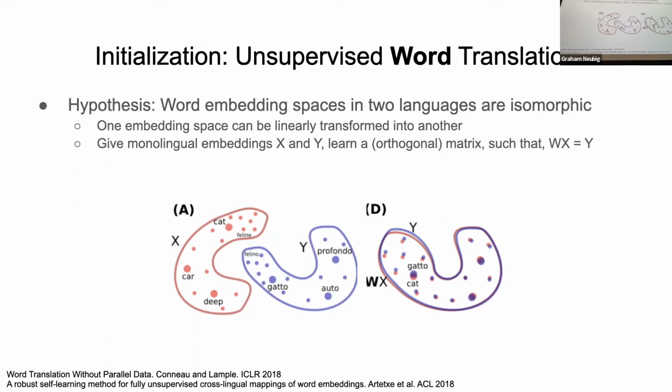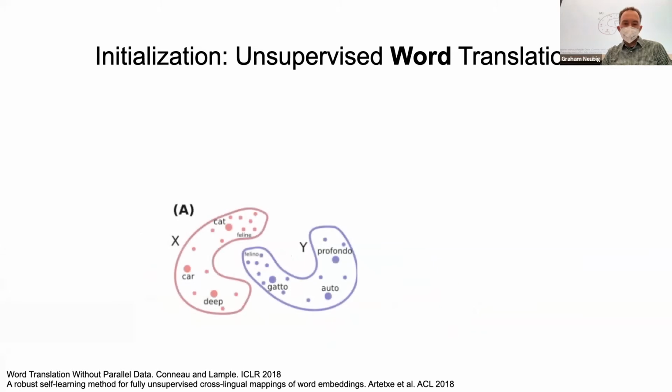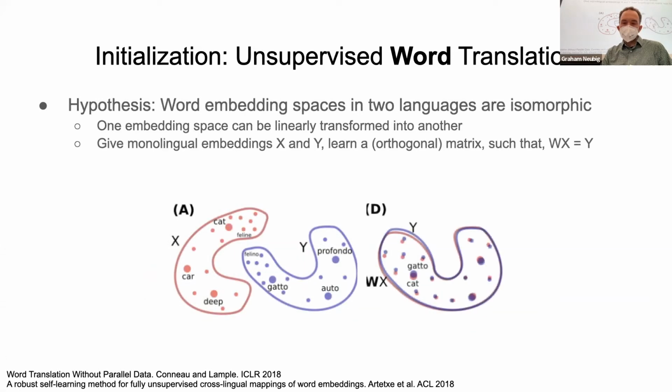And we hope that by applying this transformation, we will end up with something where the words in both embedding spaces, if they're close together, are similar semantically or syntactically. It's hard to believe that this would actually work.